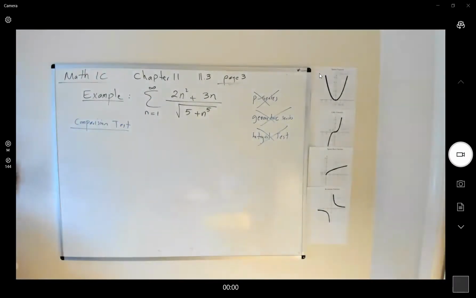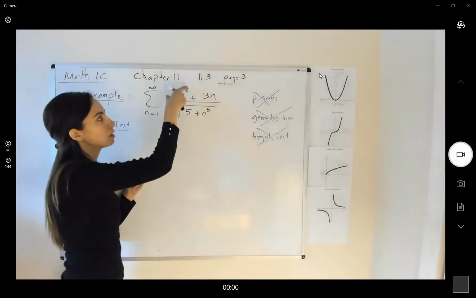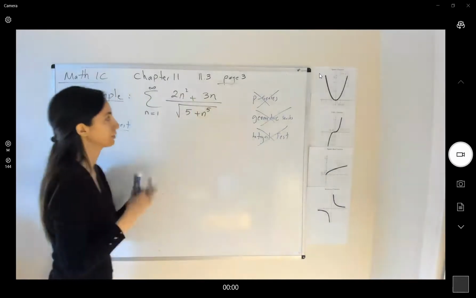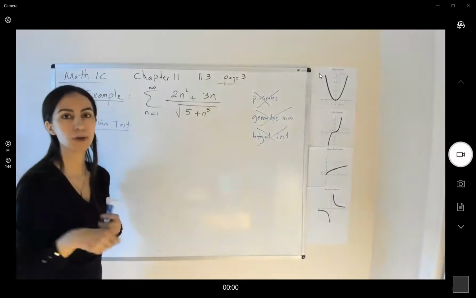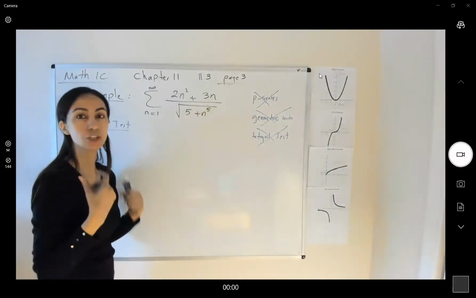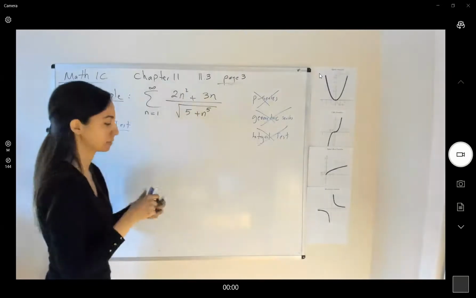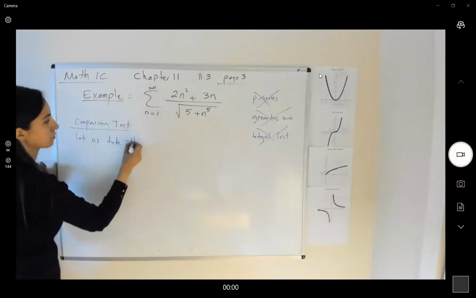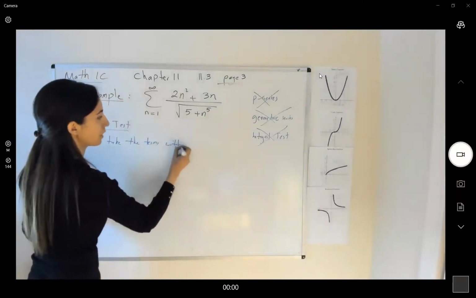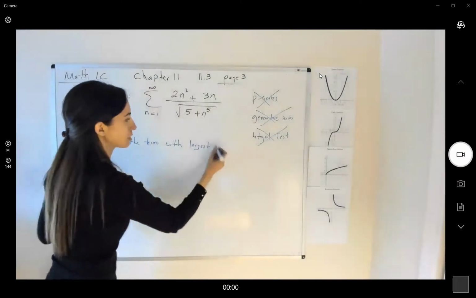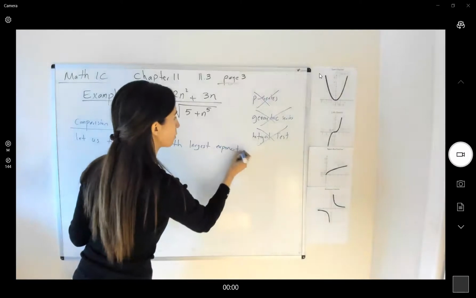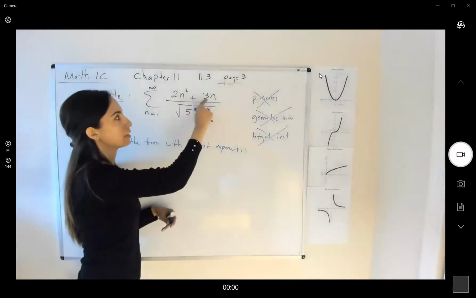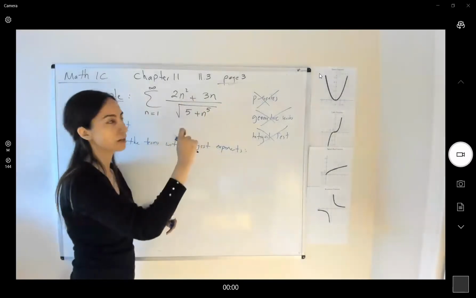There we go. So your term with the largest exponent is 2n squared. I'm trying to form a new series that I can use and compare with that series. So let us take the terms with the largest exponents from the numerator and from the denominator. Between 2n squared and 3n, of course, 3n has a lower exponent.